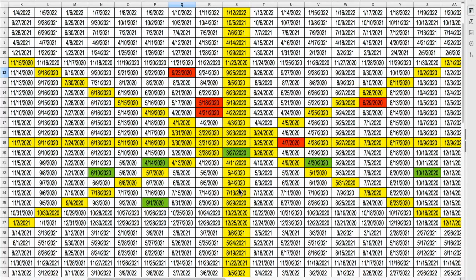I'm the type of trader that is very visual in what I see. And looking at this right off the bat, this looks interesting right here. The 421 low and then the 518 low. This right here looks interesting. The September 1st high and that April 14 swing high.